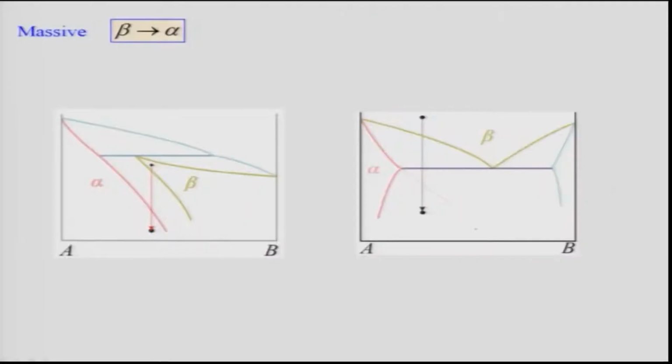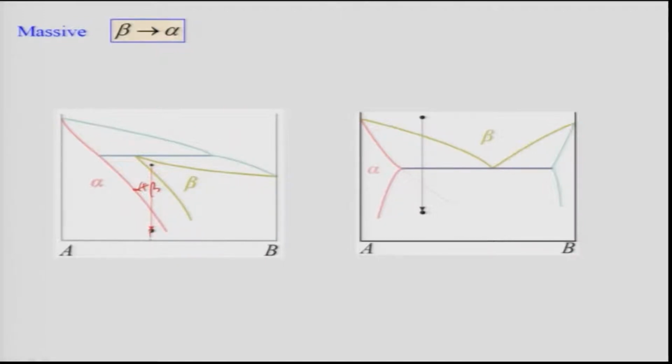Okay, massive transformations are a little new and require discussion, but I am just showing you the phase diagram type. As you see here, the beta can directly transform to alpha without transforming to alpha plus beta. Beta can directly go to alpha without any change of composition. You see there is no change of composition when beta transforms to alpha, and this is known as massive transformation.